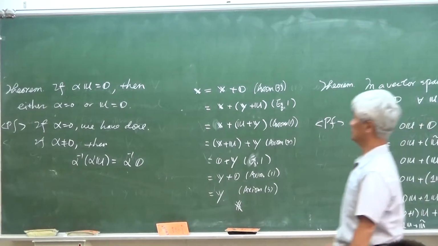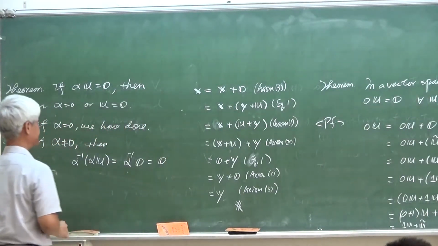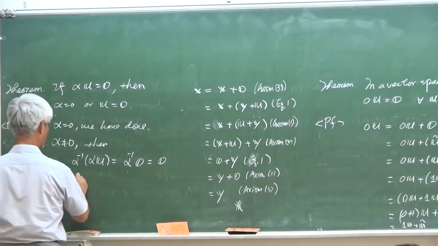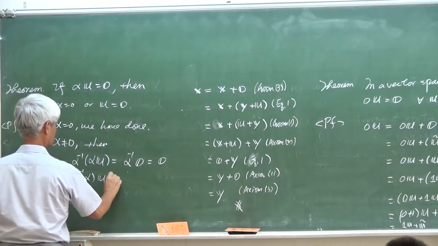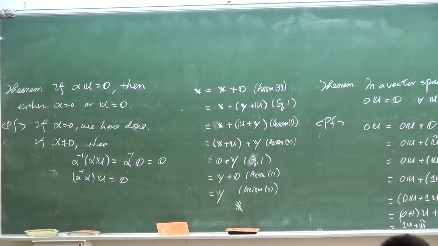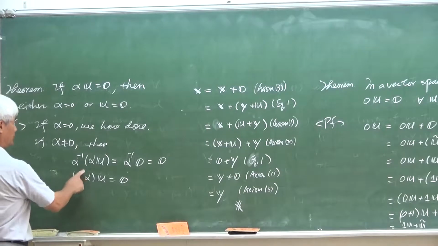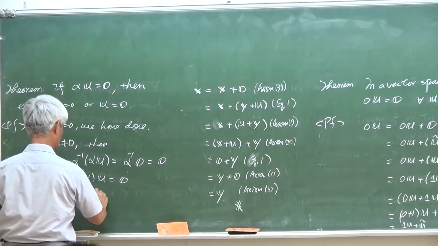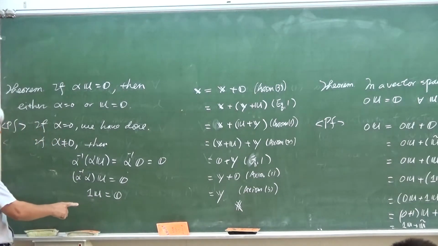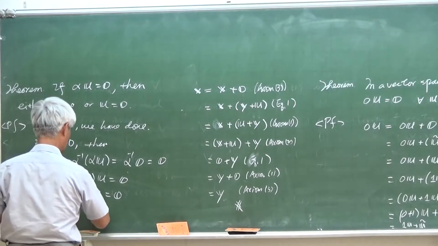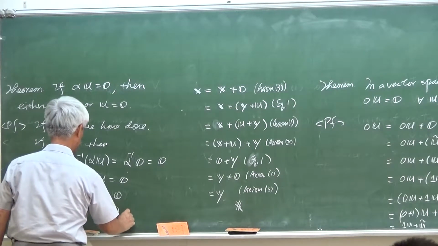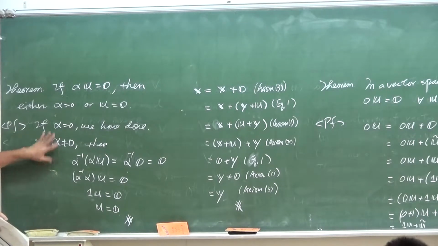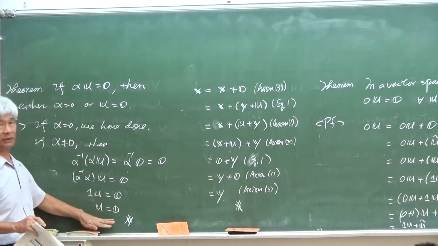This is 0. And now we go forward. So the inverse of alpha times alpha u equals 0. We use the associativity for scalar multiplication, and this is 1. And by the unitary property, this is u. So u is 0, and we have done. So if alpha is 0, fine. But if alpha is not equal to 0, then u must be 0.